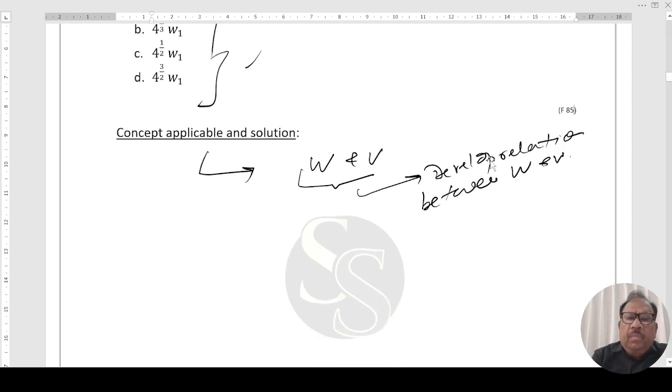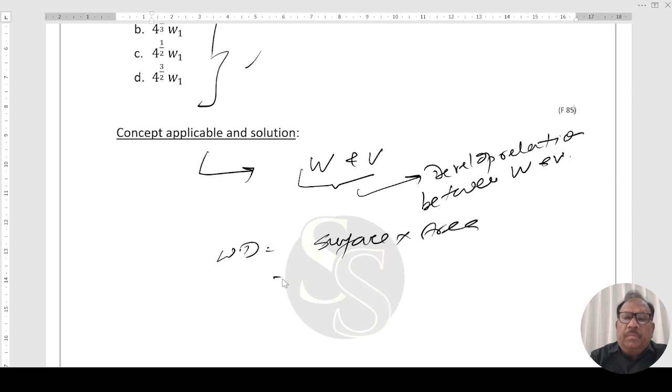You know, work done is equal to surface tension into area. Surface tension T into 4 pi r square. This is the work done. Right?